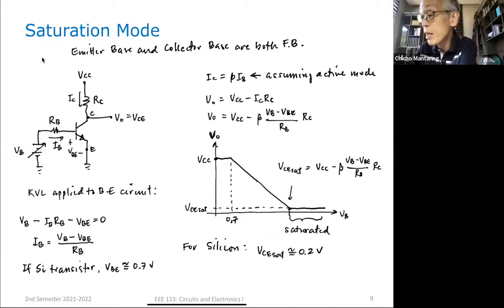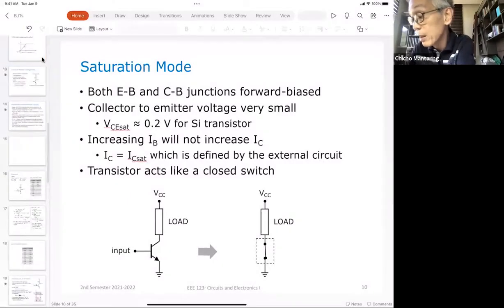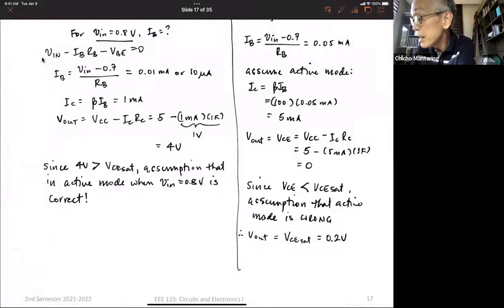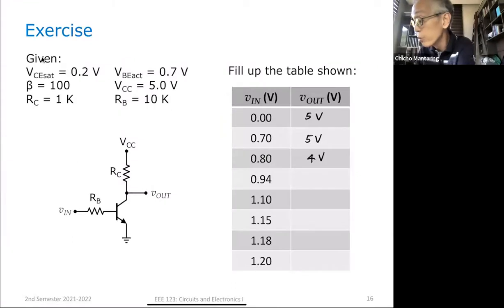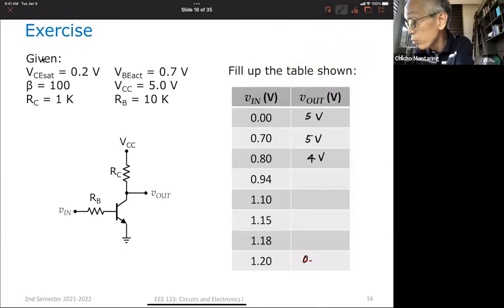So that's what happened here. So let me go back. VCE will be now here 0.2. This is now going to be 0.2 volts.